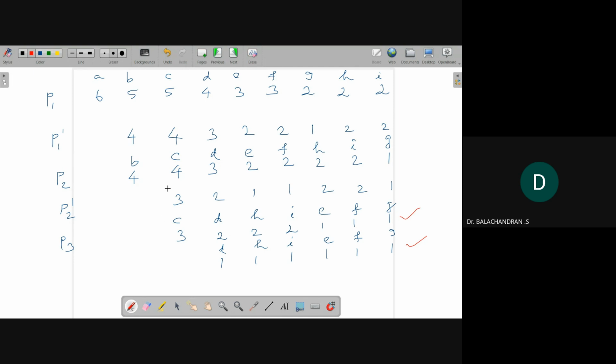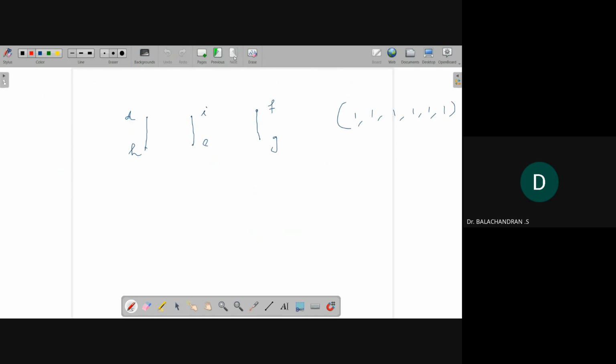So I'll put C here, a new vertex. The remaining everything is the same: D, H, I, E, F, G.